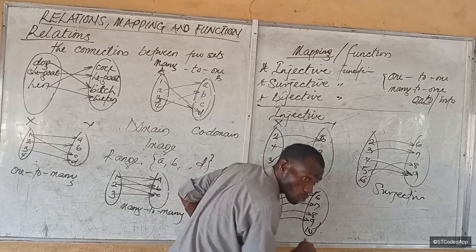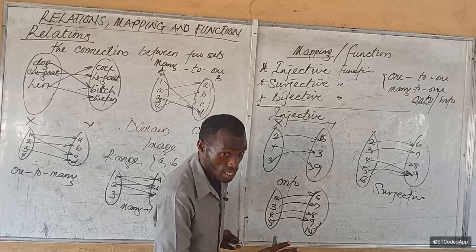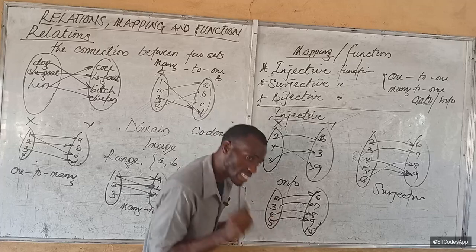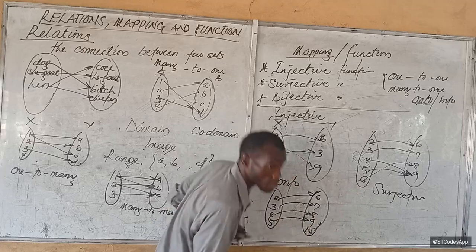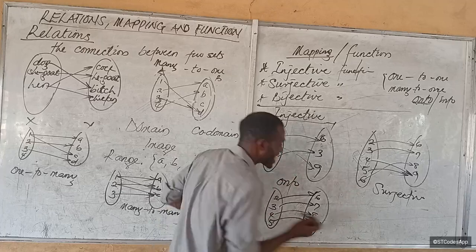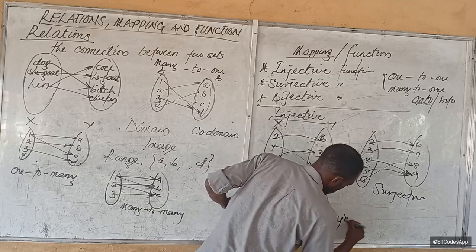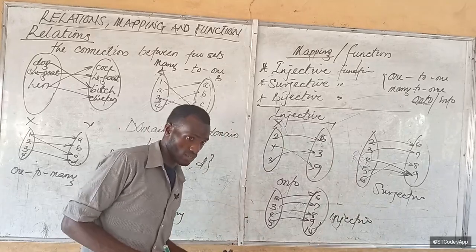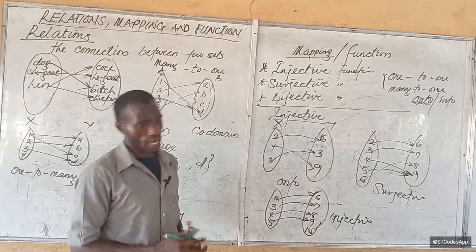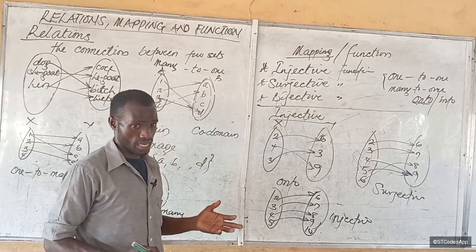If there is an element in the codomain that is not mapped to, it's still what? A mapping. But now, in this case, we have only 1 to 1, even though not everybody is mapped to. This is called injective. Are you sure you're clear?